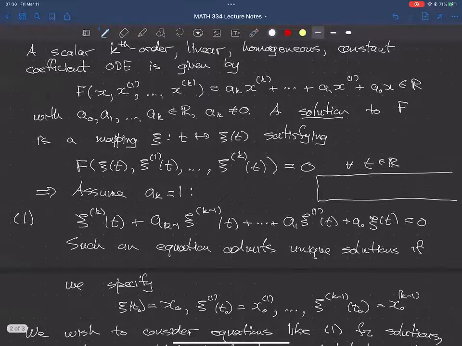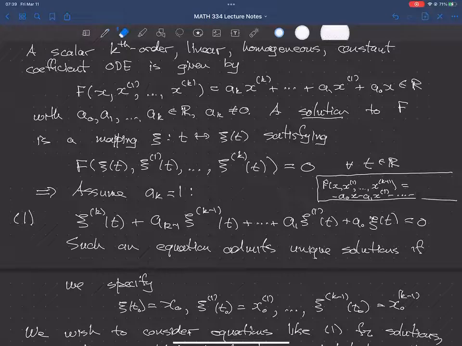So F hat of x, x1, through x k minus 1 is, because I'm solving for the highest order derivative in terms of the other things, everything becomes a minus: minus a0 x minus a1 x1 minus and so on up to minus a k minus 1 x k minus 1.